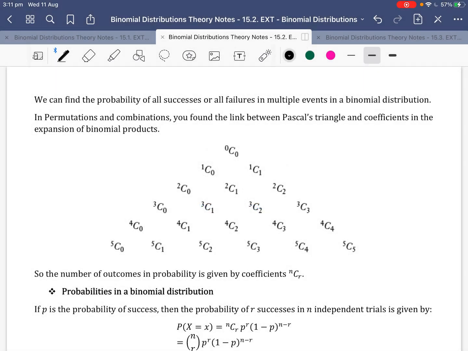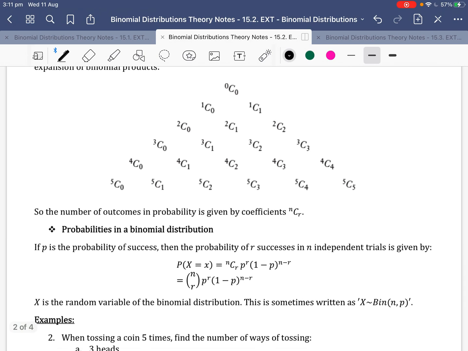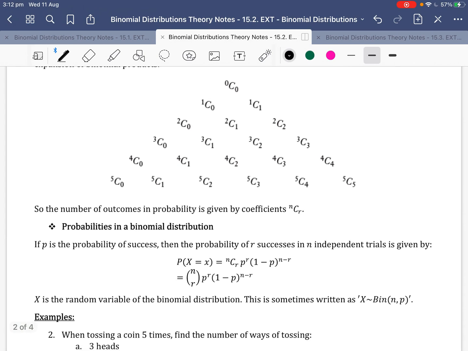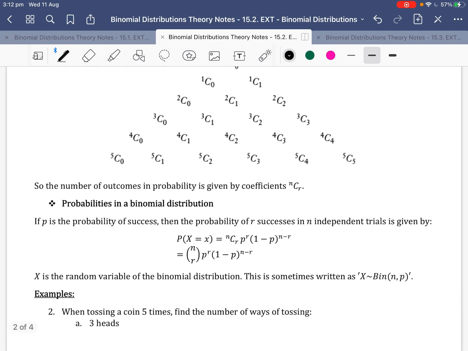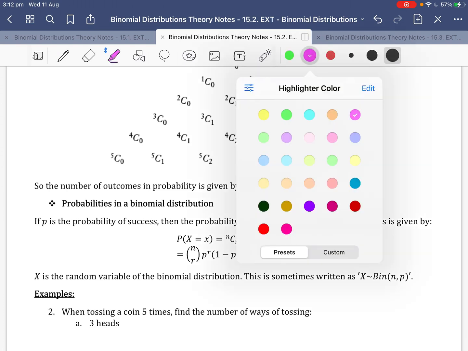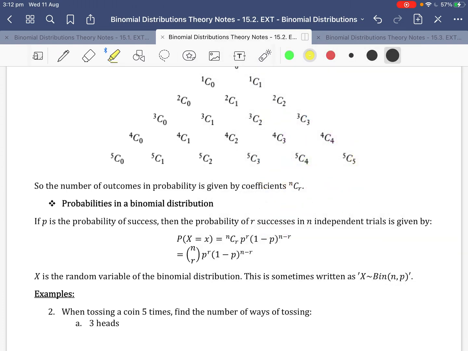So we can find the probability of all successes and all failures in multiple events in a binomial distribution. In permutations and combinations, we found the link between Pascal's triangle and coefficients in the expansion of binomial products. So the number of outcomes in probability is given by coefficients nCr. So the probabilities in a binomial distribution: if p is the probability of success, then the probability of r successes in n independent trials is given by the probability of X equals nCr p to the power of r, (1 minus p) to the power of n minus r.